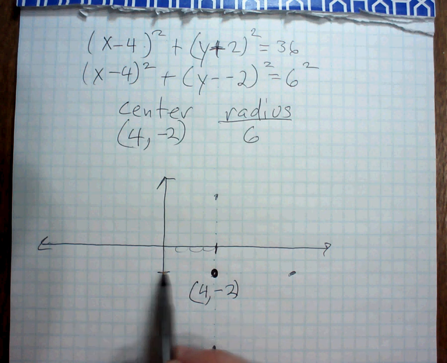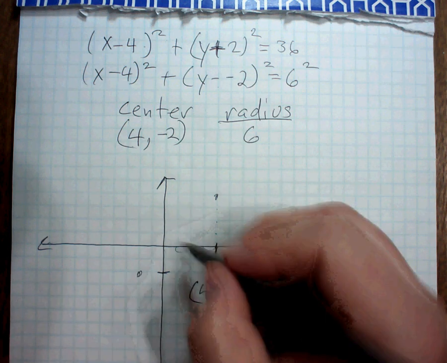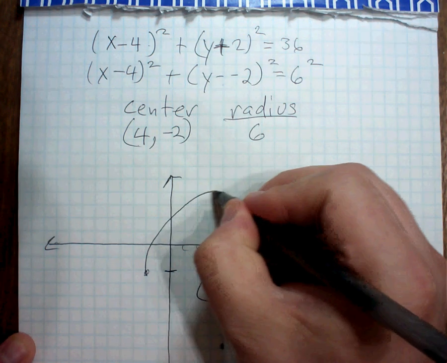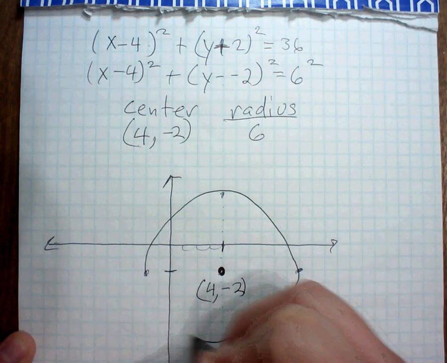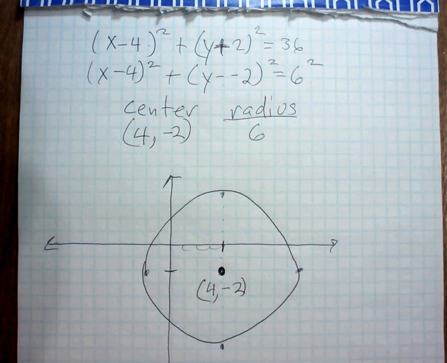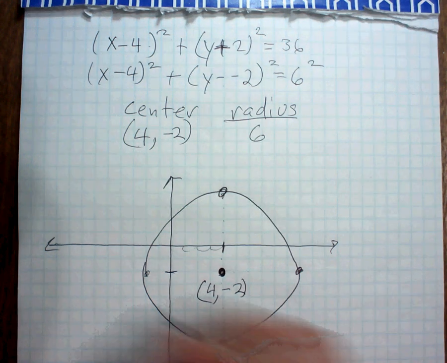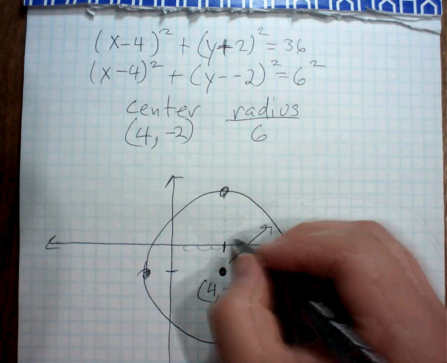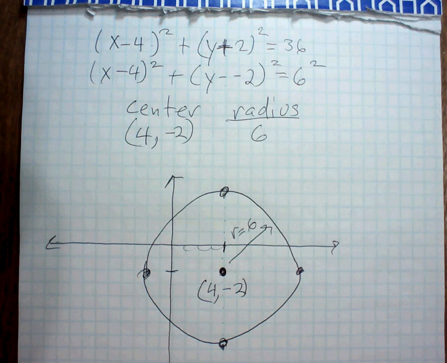So my circle is basically going to go through these 4 points. And if I used a compass, it would look a lot better, but we're just sketching this out. Okay? And so that is a radius of 6. And that's it. Okay?